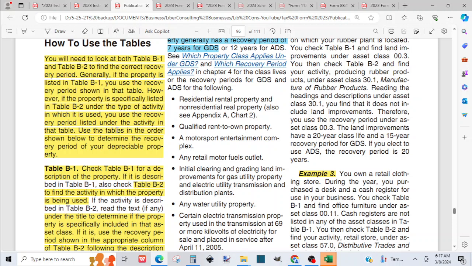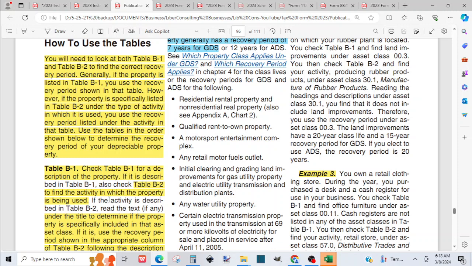Use the tables in the order shown below to determine the recovery period of your depreciable property. Table B1: check table B1 for a description of the property. If it is described in table B1, also check table B2 to find the activity in which the property is being used.